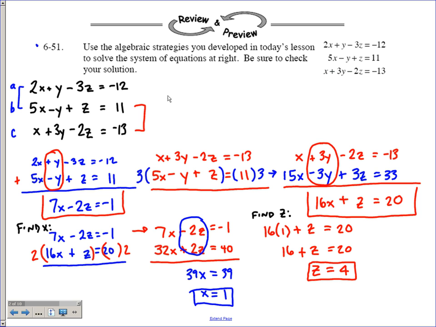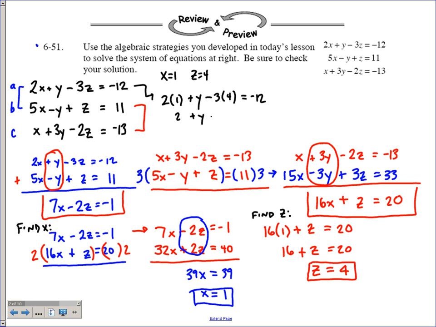But now we're going to have to go all the way back up to the beginning here and use one of these equations from the top to figure out what our value of y is going to be. We know right now that x equals 1 and z equals 4. So let's plug those in here and figure it out. And it doesn't matter which one you use. I'm going to use the top one. So I'm going to say 2 times 1 plus y minus 3 times 4 equals negative 12.